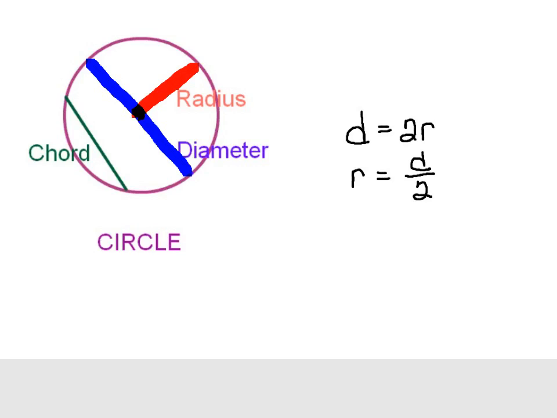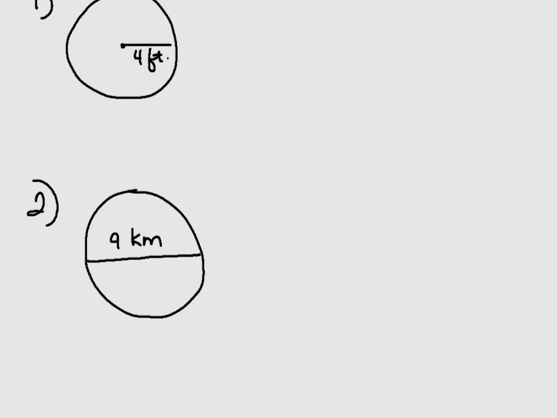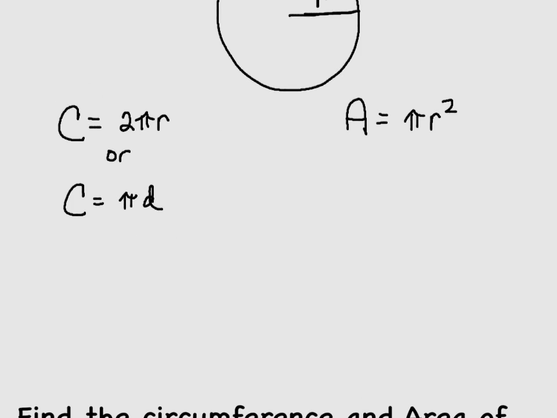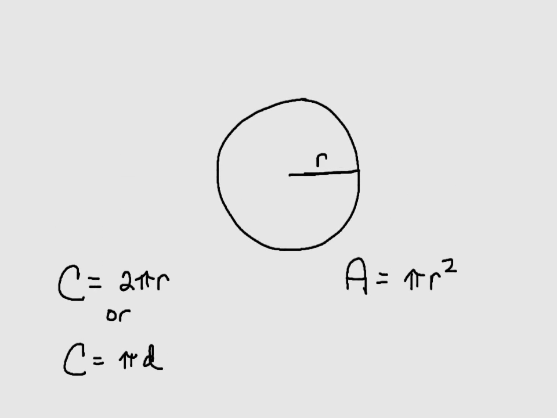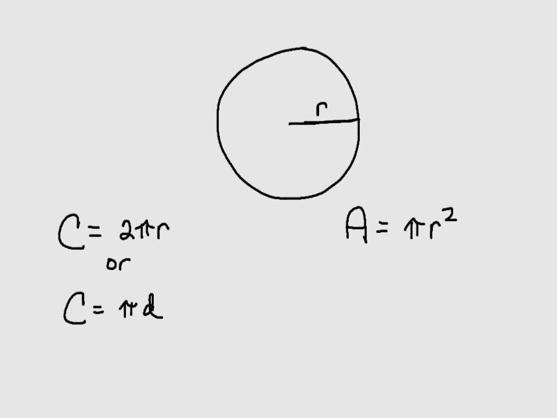Okay, let's continue. Here are your formulas. Given a circle, to find circumference, capital C, circumference equals 2 times pi times r.